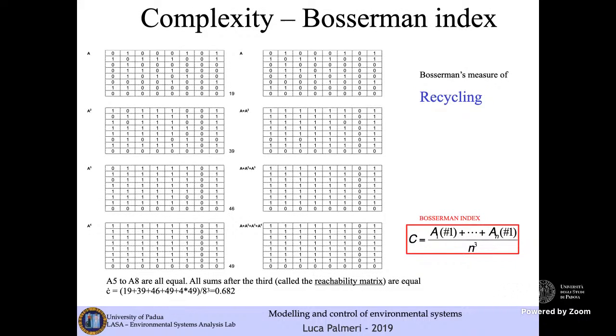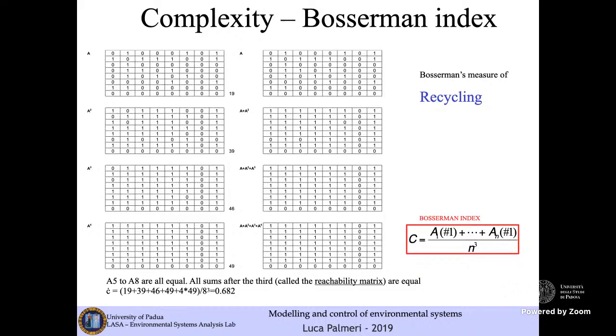Direct connectivity is a first essay of evaluating the complexity of a model, but we may employ a little bit more sophisticated indicator. The second very important indicator, customarily employed in environmental modeling, is the so-called Bosserman index, or Bosserman measure of recycling.